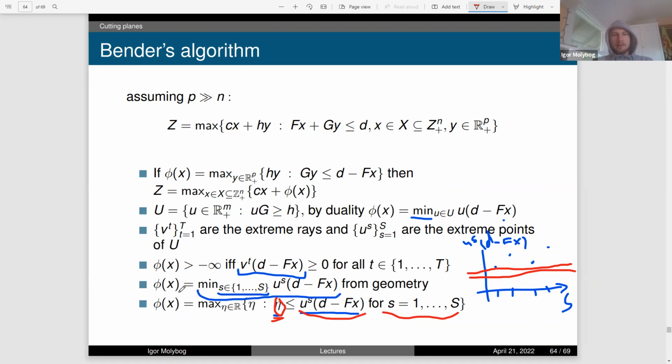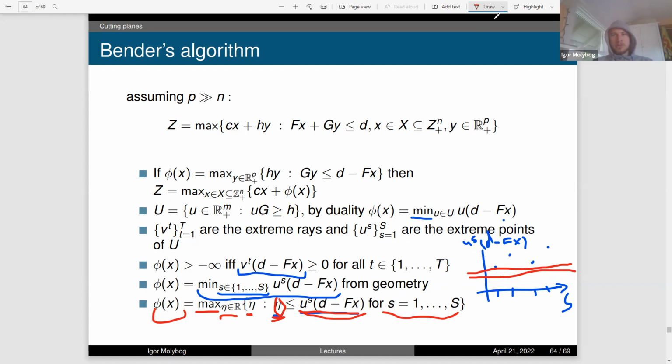Therefore, phi of x is equal to the maximum over eta in the real numbers of eta, such that eta is a lower bound for all of the values u_s times d minus f x for s from 1 to capital S.